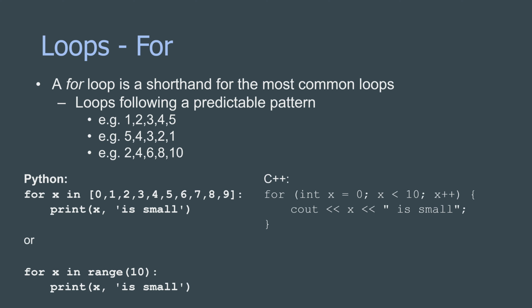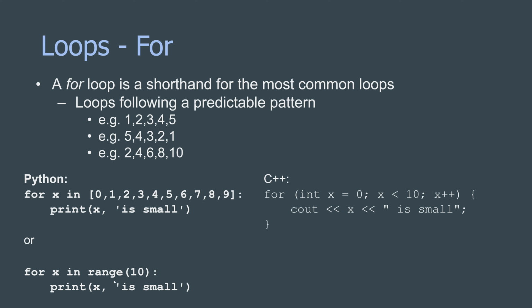That explains why this loop does what it does. This loop does the exact same thing as the other loop. Range 10, I'm only supplying the end number here. So the start number is automatically 0. The increment is automatically 1. And so we're going to start at 0, and work our way up by 1 each time until we get to 10.